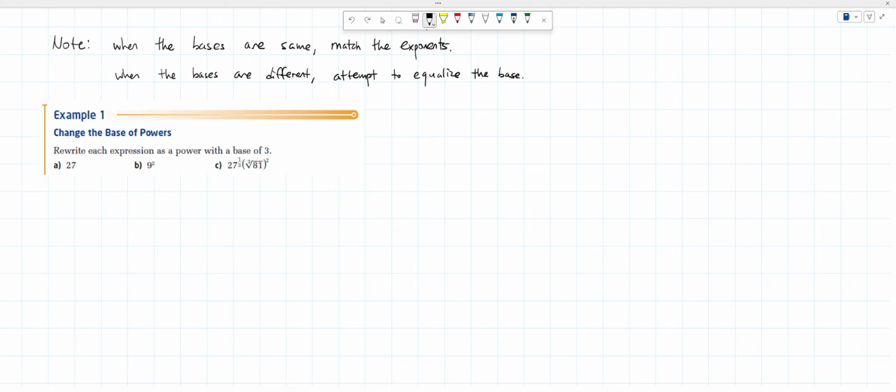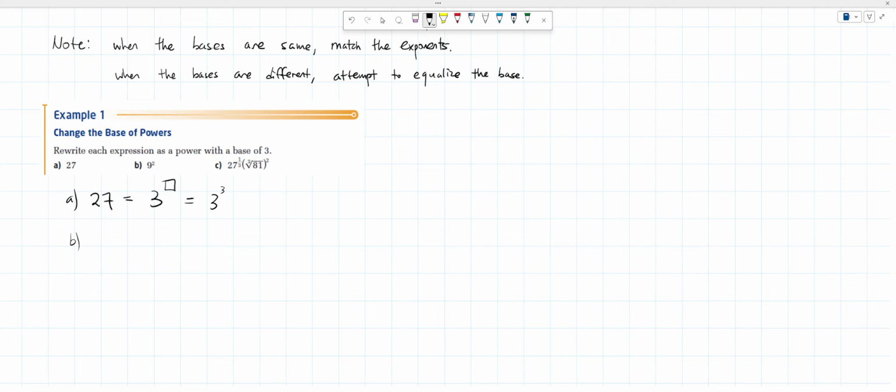Can I represent 27 with a base of 3? We want to find the exponent that should go in. In this case, it's pretty straightforward. It's going to be 3 to the power of 3. That's 27.